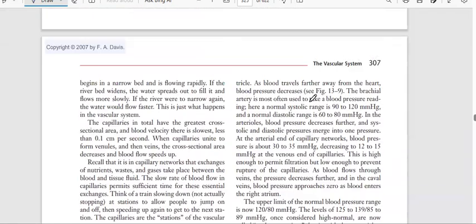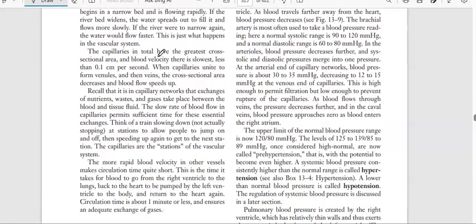The capillaries, in total, have the greatest cross-sectional area, and the blood velocity is slow, less than 0.1 centimeter per second. So 0.1 centimeter is the distance covered by the blood in a second.